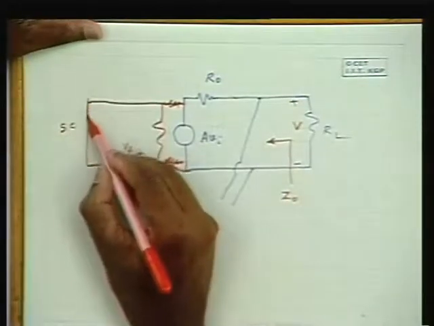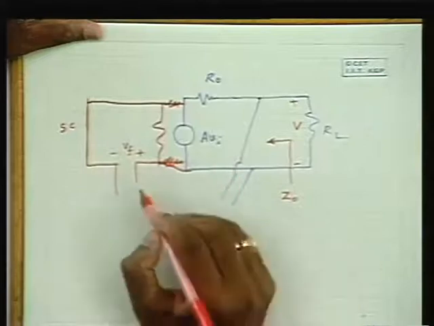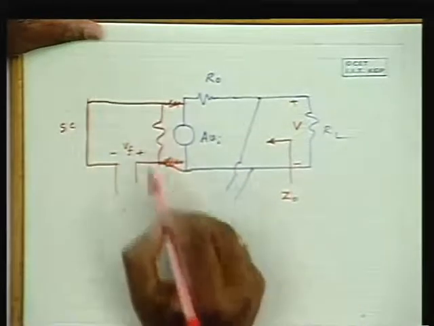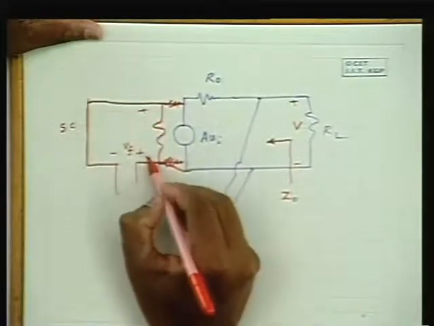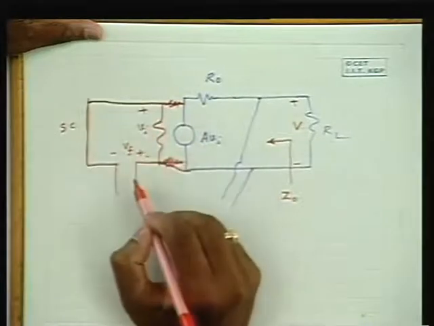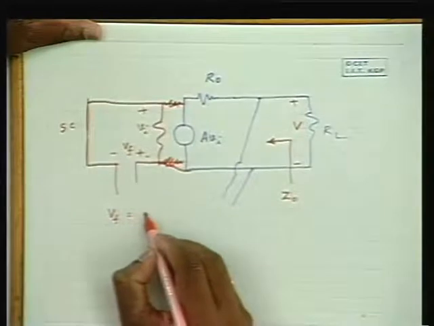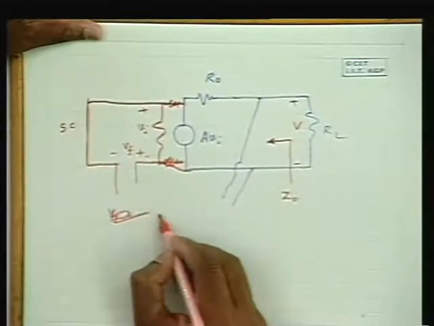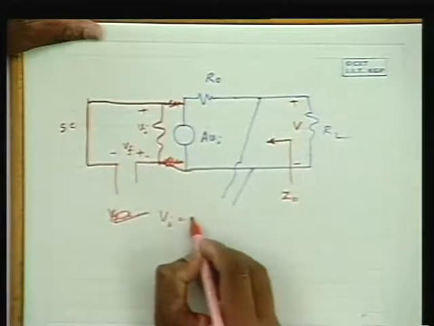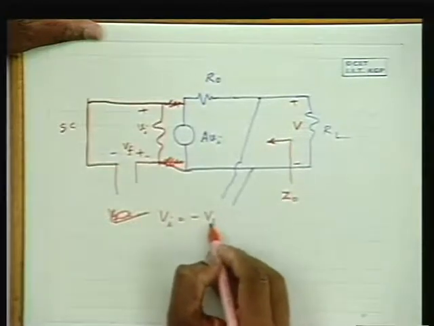When you short circuit the input, please note that this feedback voltage appears at the input side, and the input signal Vi is equal to minus Vf.